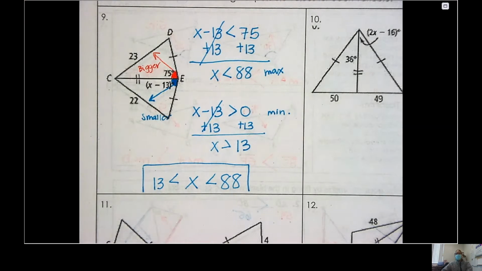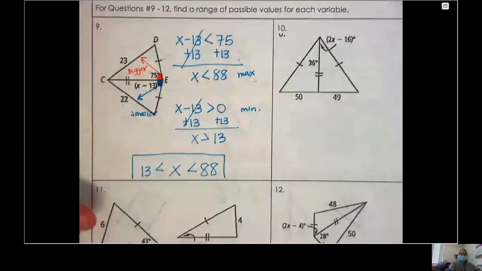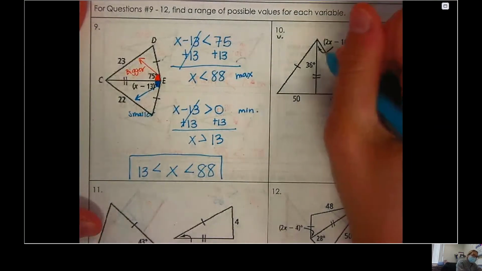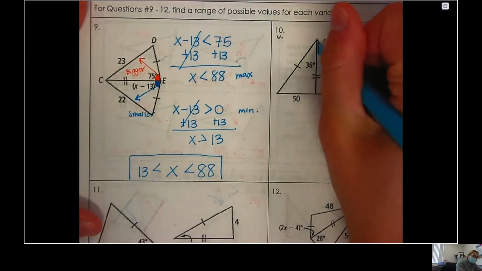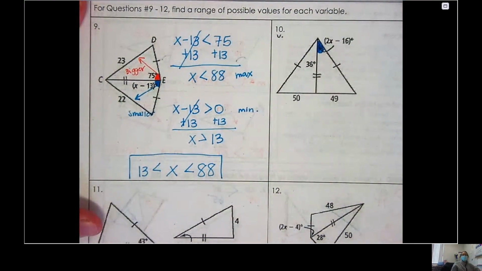All right, let's do number 10, and then I'll let you try one on your own. We're going to do the same thing we just did. I'm going to start by looking at my equation, 2x minus 16. Here it is. Which side is that across from? 39.